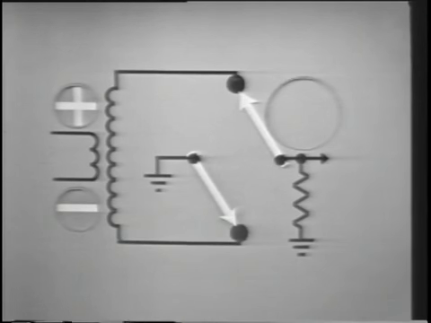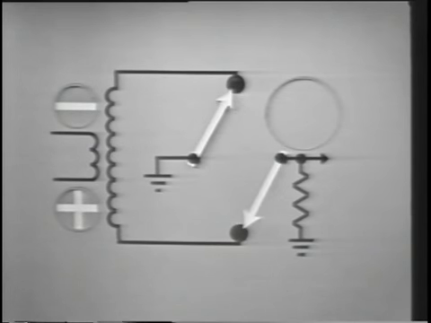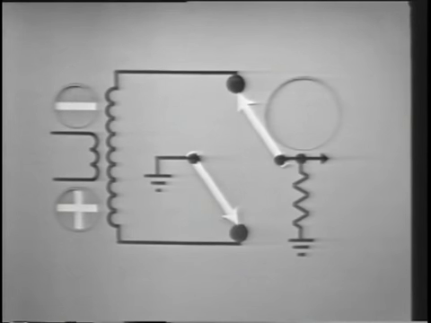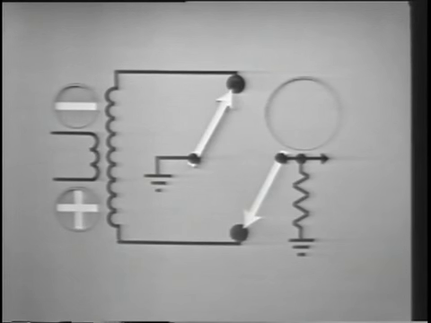When the load is switched to the top of the secondary, the ground is switched to the bottom of the secondary. When the load is switched to the bottom, the ground is switched to the top. And it's that simple. Back and forth, as the input changes, always connecting the load to the positive end of the secondary, always grounding the negative end.